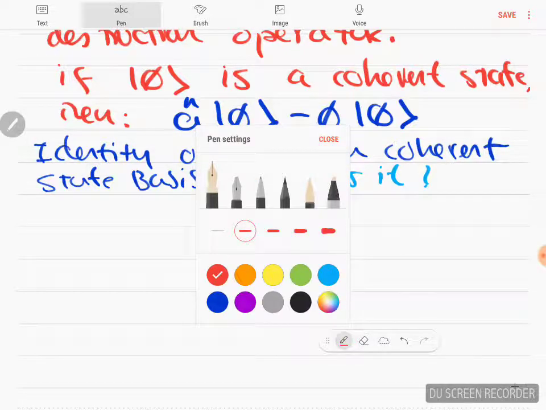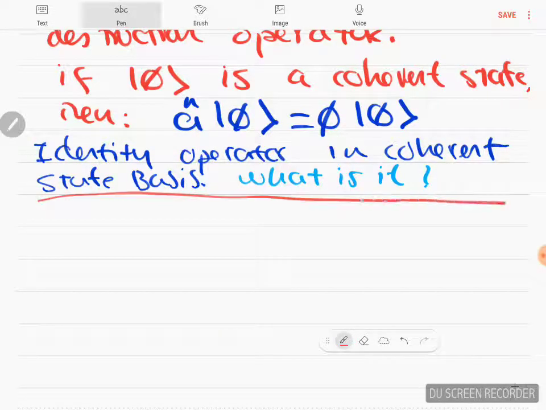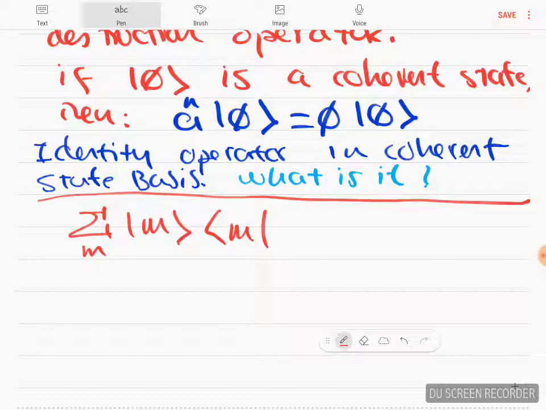So let's start like this. In plain quantum mechanical basis, Fock states or whatever state you want to choose, you have the identity resolution that the summation of all the diagonal elements of the density matrix is equal to 1. This is the identity resolution.